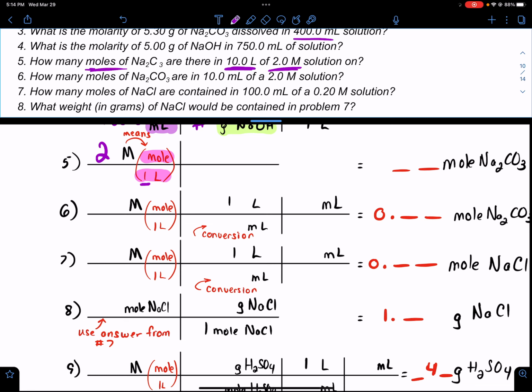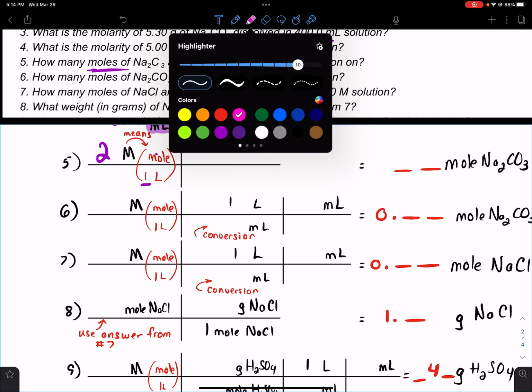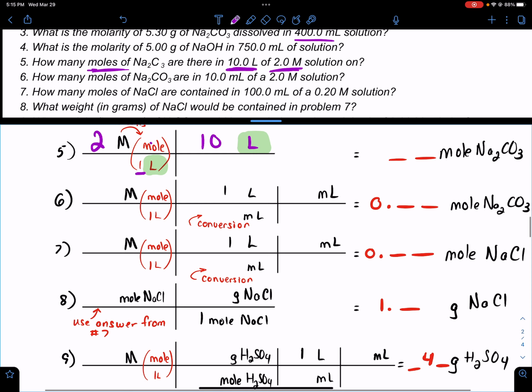If you're trying to get rid of the liters, we cross cancel, remember? So right here, if I need to get rid of the liters, I'm going to put liter up here like this. And I have 10 of them, 10 liters. All right, I hope you don't have to get the calculator out for this one. That one should be pretty simple.